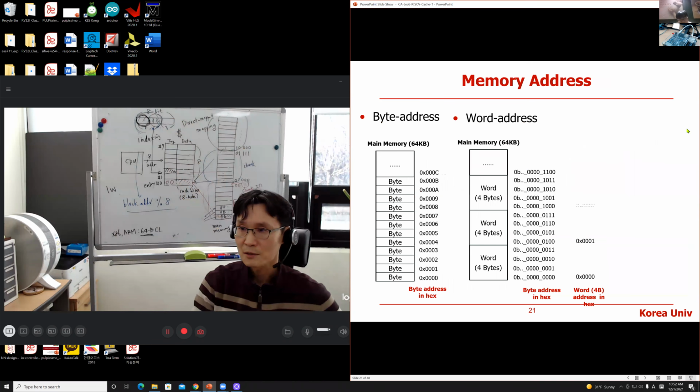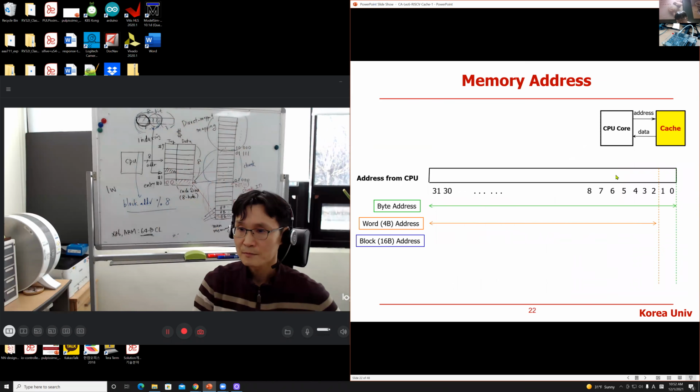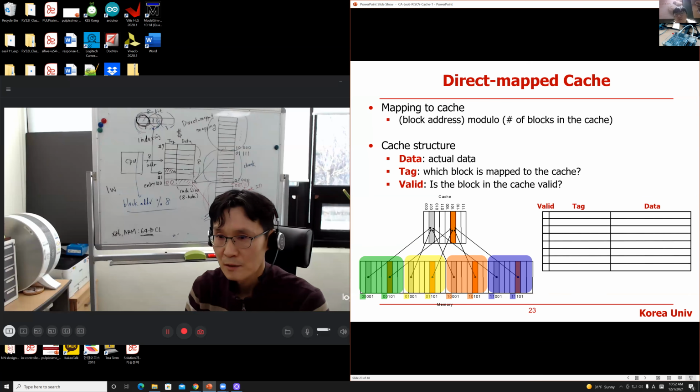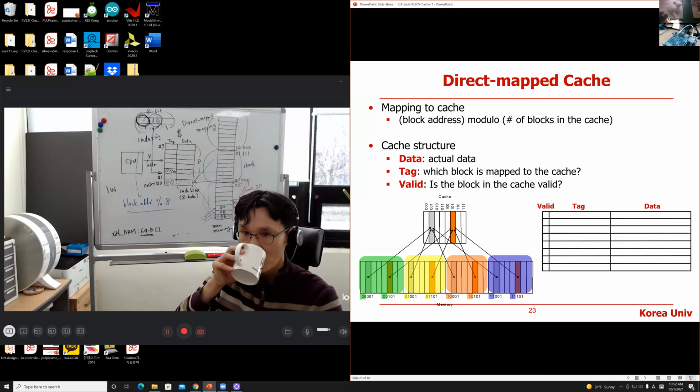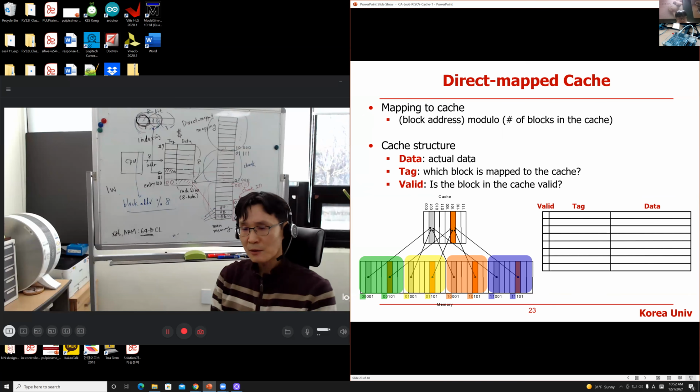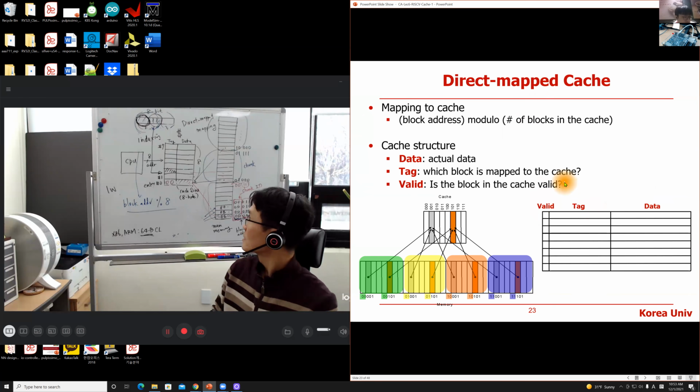So let's move on, again the direct mapped cache case. In this simple case, you have a data field, a tag field, and a valid field. Valid is just 1-bit information.